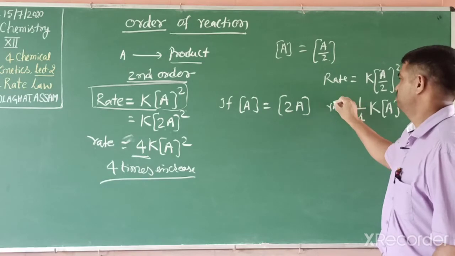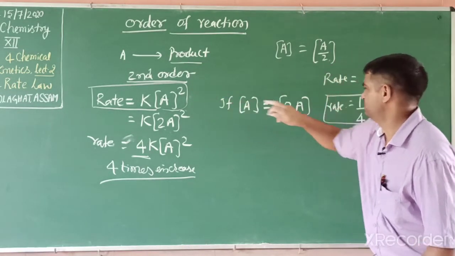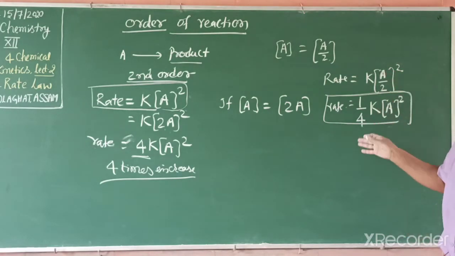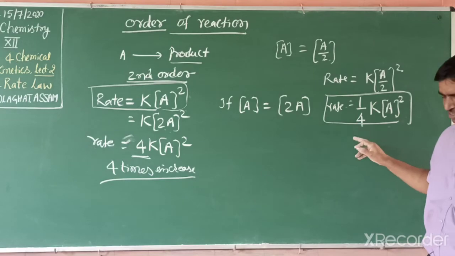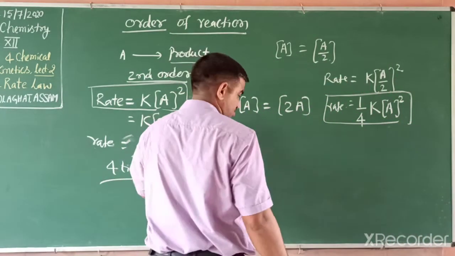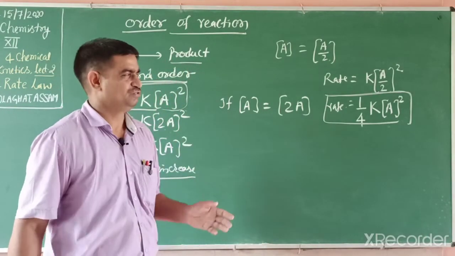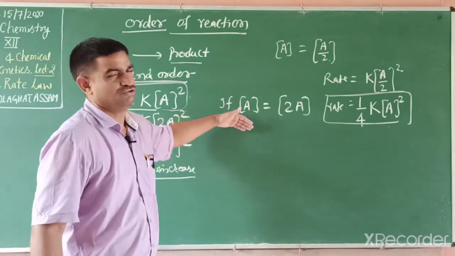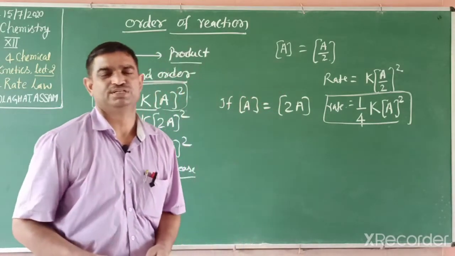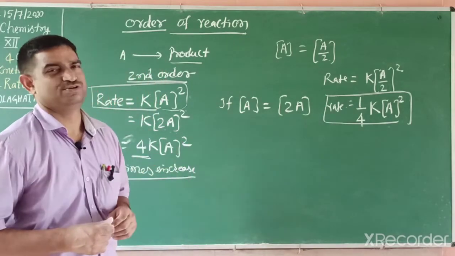Our main motto is to find the change between this and the original reaction. If reduced to half, the rate becomes 1 by 4 times. If doubled, the rate increases 4 times. In this way, you can solve the NCERT and many other numericals in your homework copy. Next, our topic is: what is the unit of rate constant for different orders of reaction?